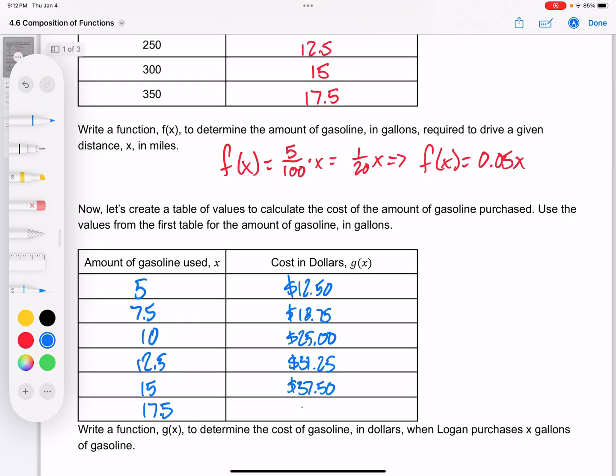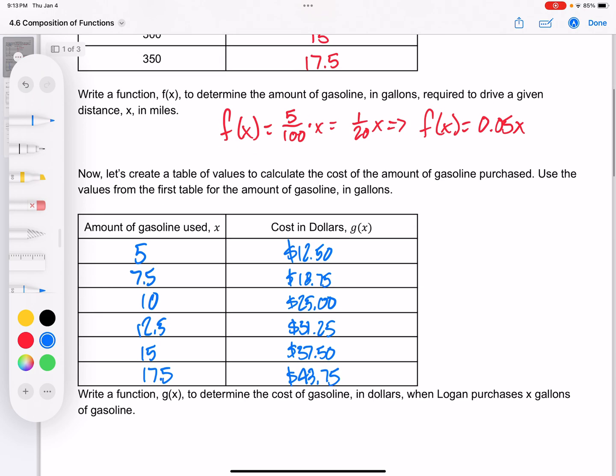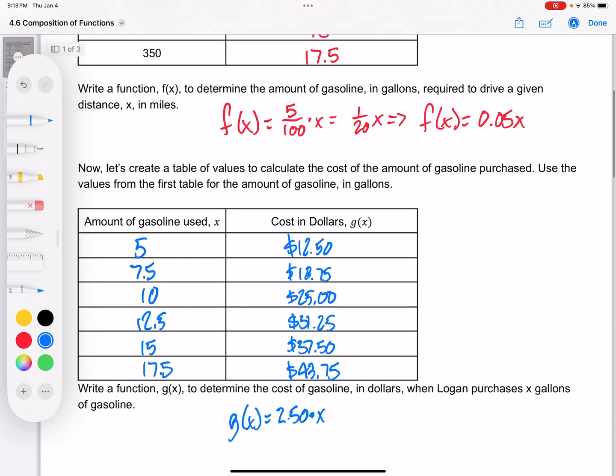And 17.5 is going to be $43.75. That's at $2.50 per gallon. All right. So the function g of x is equal to 2.50 times x, because it's $2.50 for every gallon, where x is the amount of gallons.